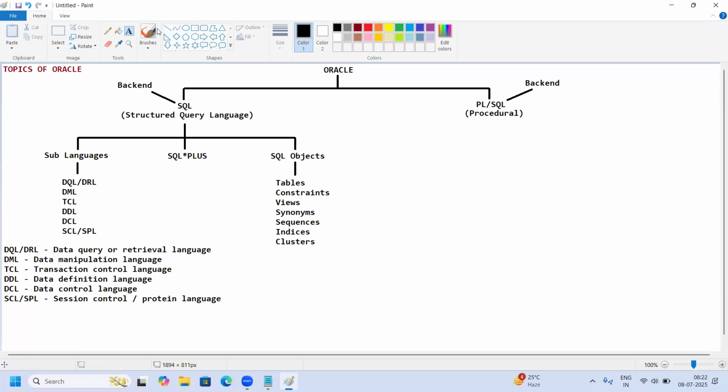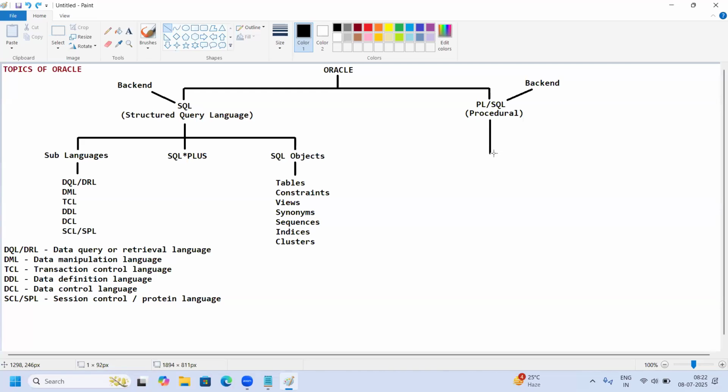Then you go to PL SQL, and remember here under PL SQL, this is related with coding actually.